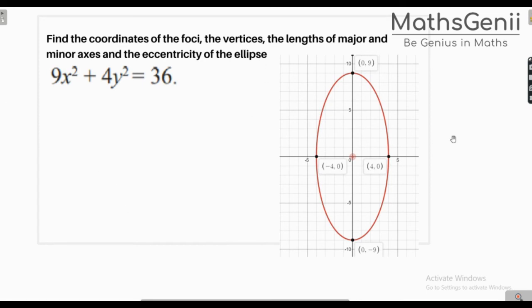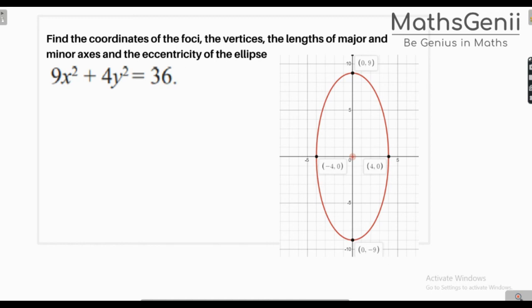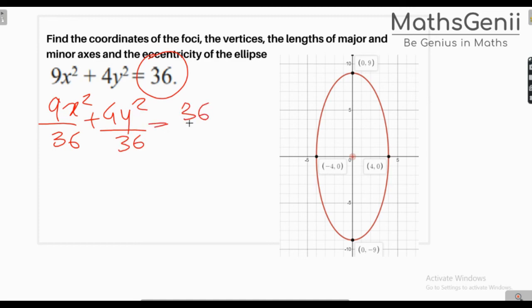Now how did I understand just by the equation that it is a vertical ellipse? What did I teach you in the summary? Always convert to the standard form. I want 1 on this side, so I'm dividing by 36 everywhere. 36 upon 36 is 1.